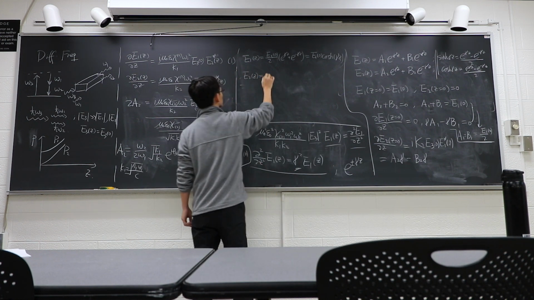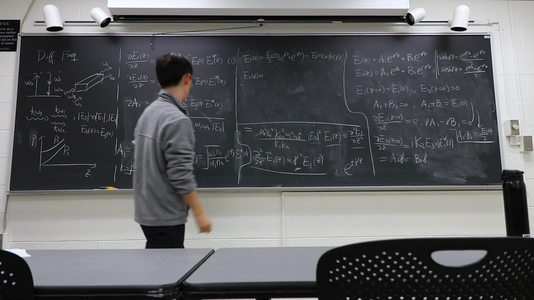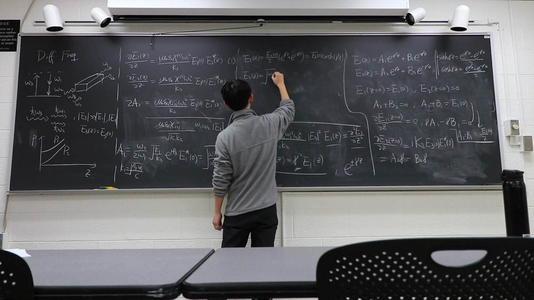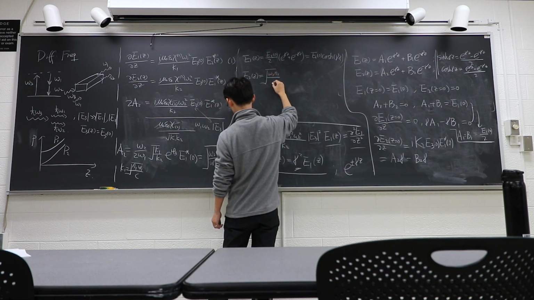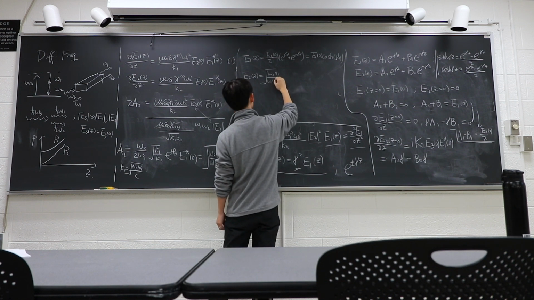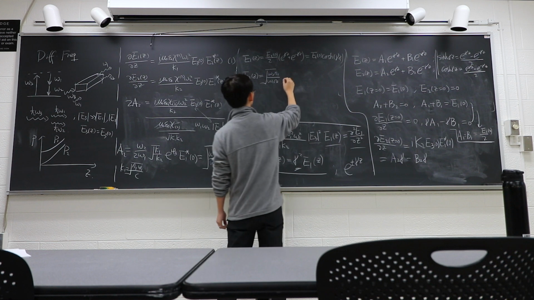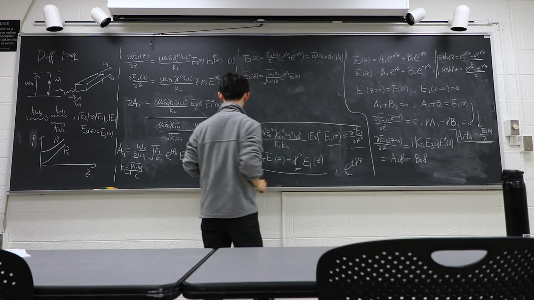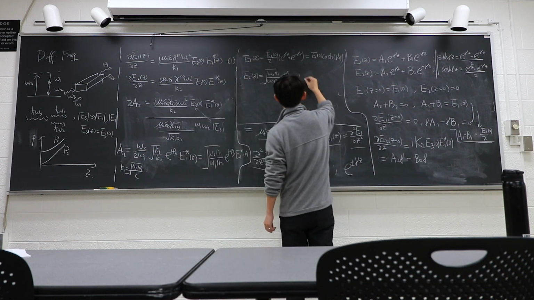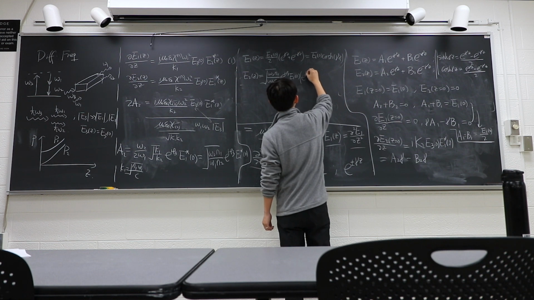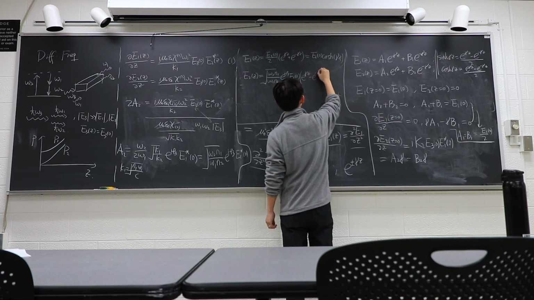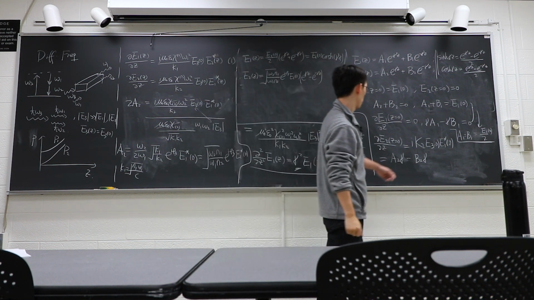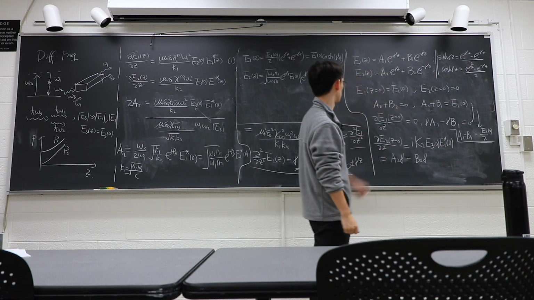E2 at z is, okay, we're choosing E1 as a frame. Yes, B2 equals minus A2.